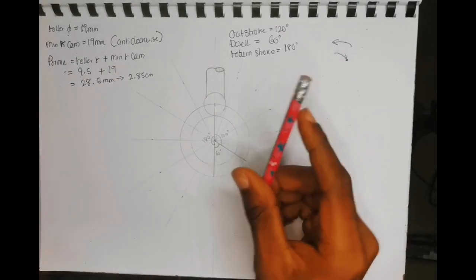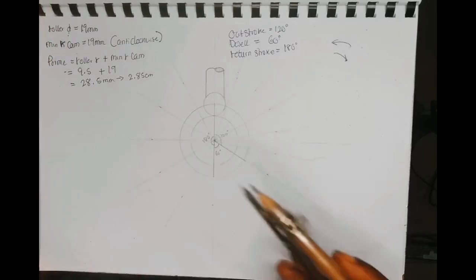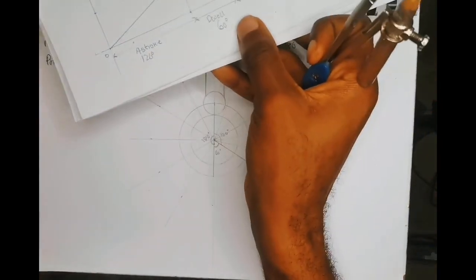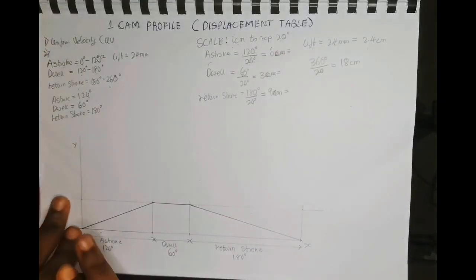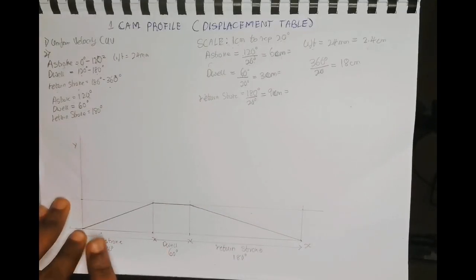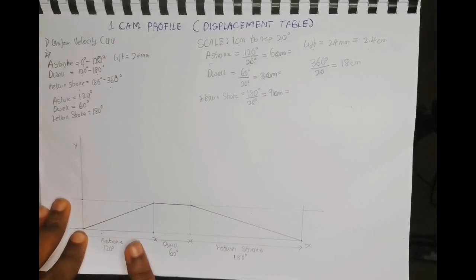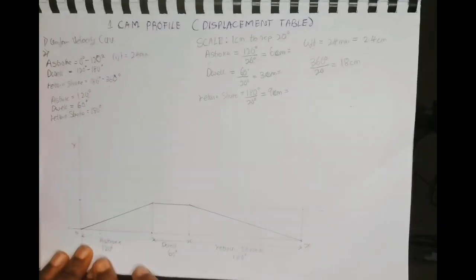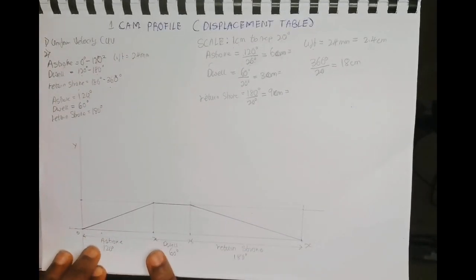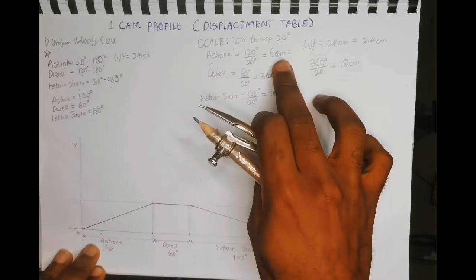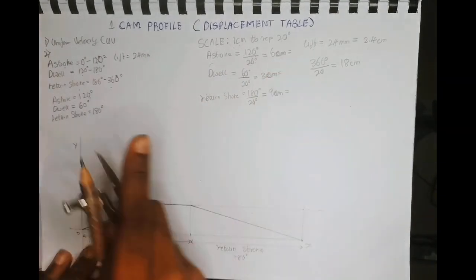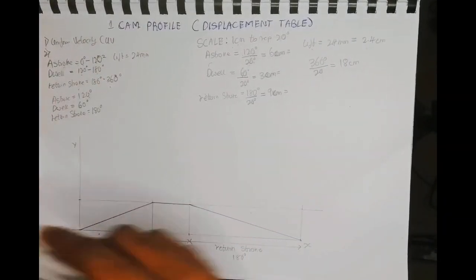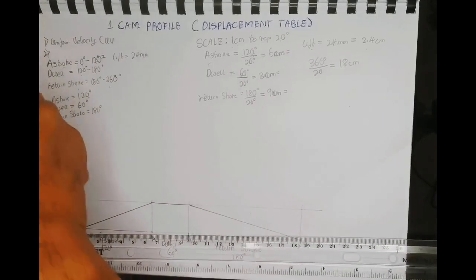Right. Now the next step is to get our cam profile, which is gotten from the displacement table. Not forgetting, we also have to divide the outstroke here and the return stroke here into 6 equal parts. The outstroke here measures 6 cm, so 6 divided by 6 is 1 cm.